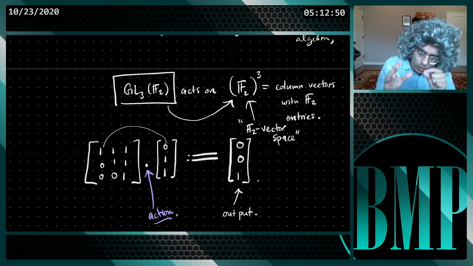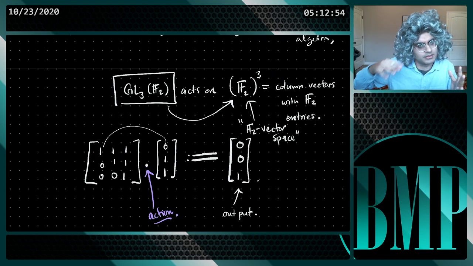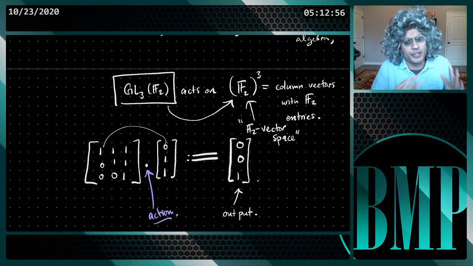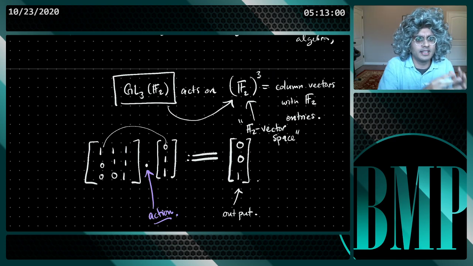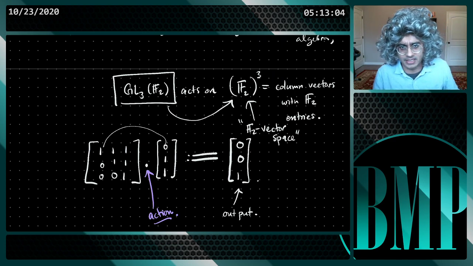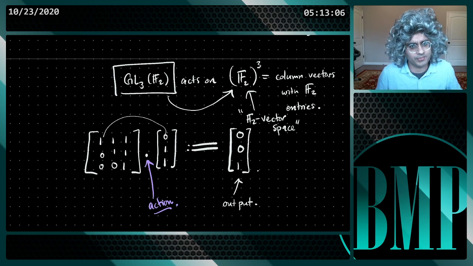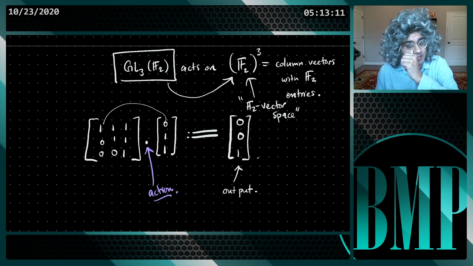Field is a word that we're going to learn next week, maybe at the end. F2 is an example of a field. So is R, so is C, so is Q, so is Z mod PZ for every prime. Great, so matrices act on this vector space.